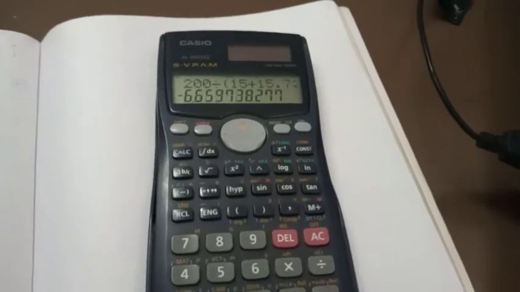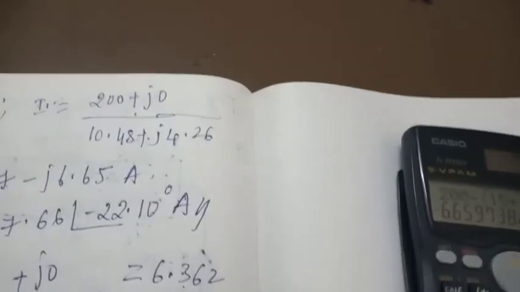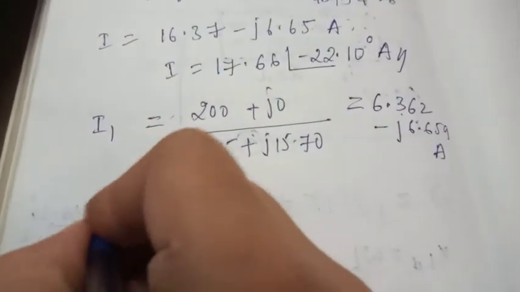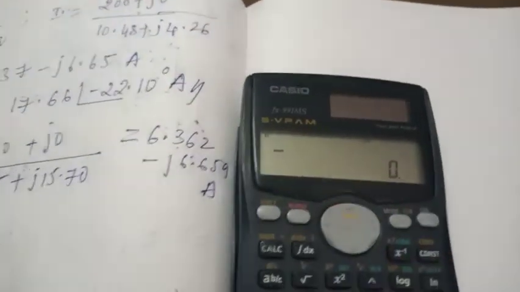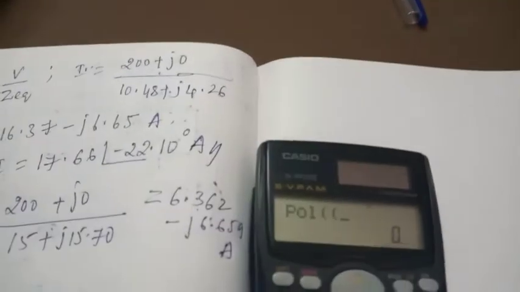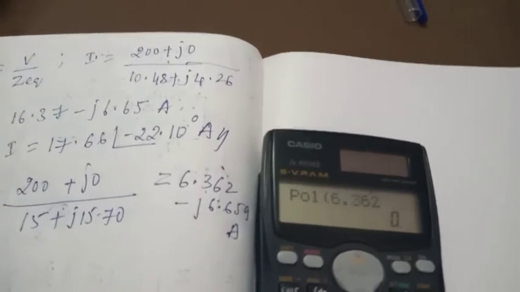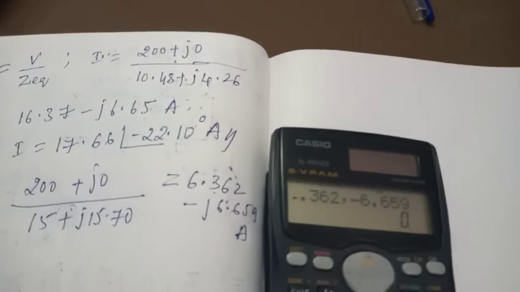6.362. What is the imaginary part? Shift is equal to 6.362 minus j6.659 amperes. So what is the polar form of this? I want the magnitude, so for that, shift computation mode, polar form of 6.362 comma minus 6.659.